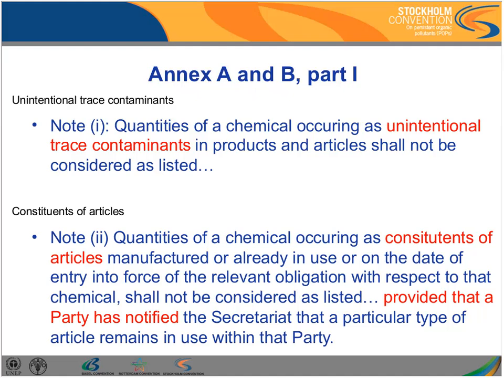So for this one, again, it's the same concept: the constituents of articles can be continuously used, provided that a party has notified the Secretariat that a particular type of article remains in use within that party. There is a form adopted by the Conference of the Parties for notification to the Secretariat with regard to constituents of articles in use.